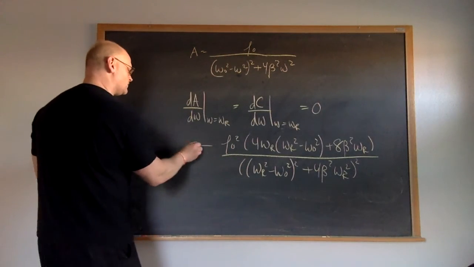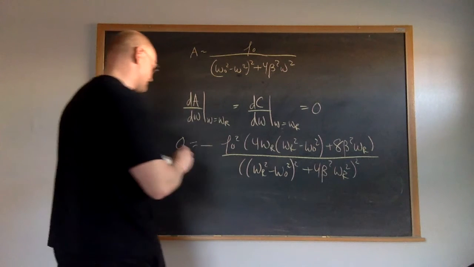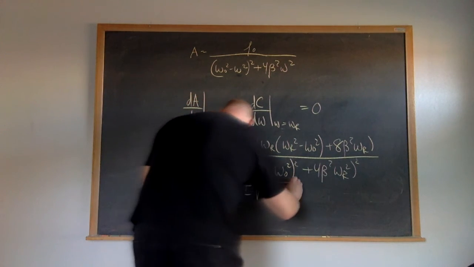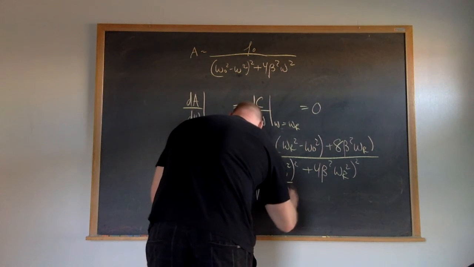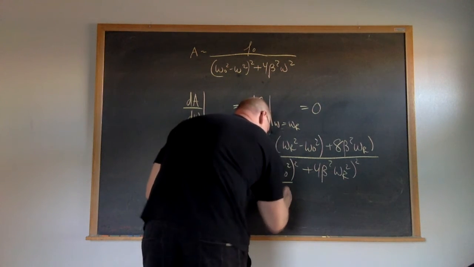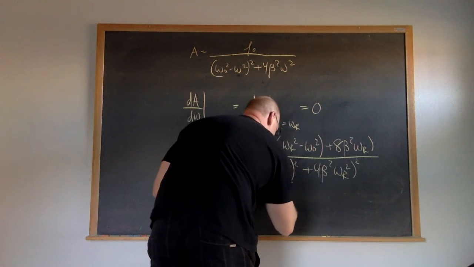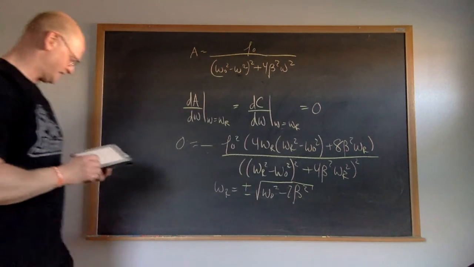Setting this equal to 0 and solving for the resonance frequency, we find that the resonance frequency ends up being plus or minus the square root of the natural frequency squared minus twice beta squared. So this is the resonance frequency.